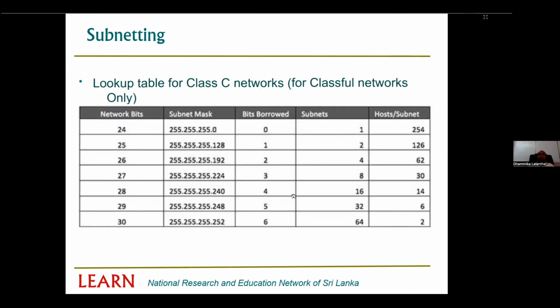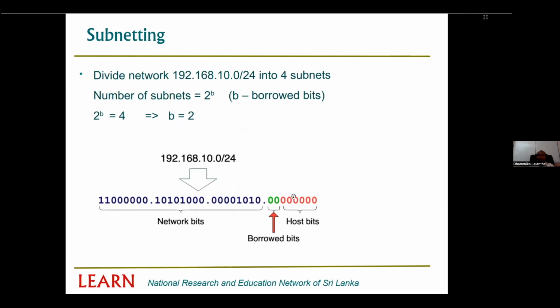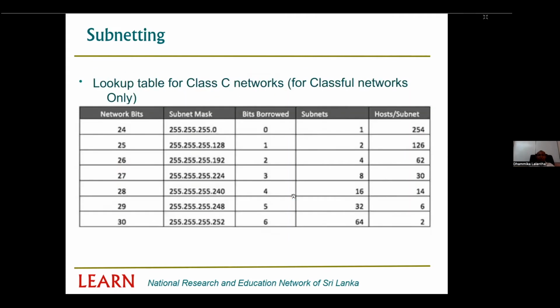This is a lookup table. If you are not comfortable calculating this, or with these binary numbers, you can use this lookup table. This is for class C networks, with the subnet mask 255.255.255.0.